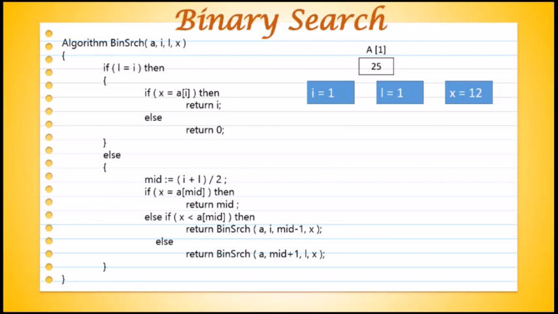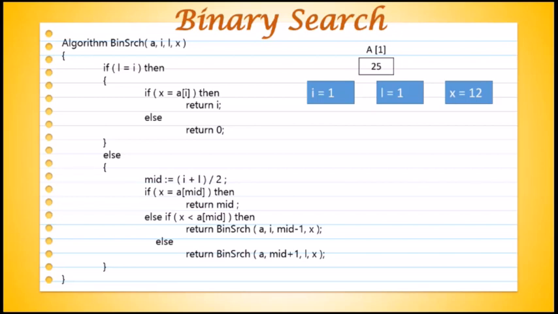So here, is x equal to a of I? No, that condition is false. Basically we are checking 12 with a of I, that is a of 1, so 12 is equal to 25. This condition is false, which means we return the value in the else part.